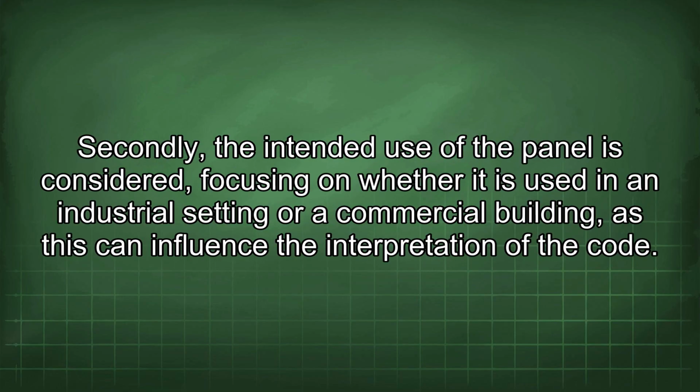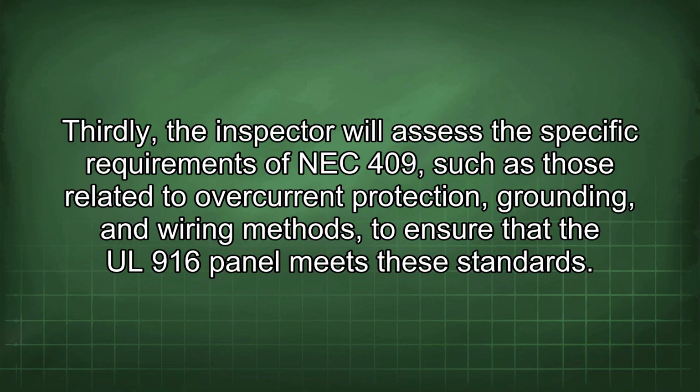Secondly, the intended use of the panel is considered, focusing on whether it is used in an industrial setting or a commercial building, as this can influence the interpretation of the code. Thirdly, the inspector will assess the specific requirements of NEC 409, such as those related to overcurrent protection, grounding, and wiring methods, to ensure that the UL 916 panel meets these standards.